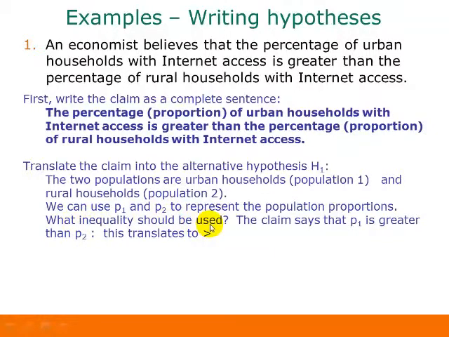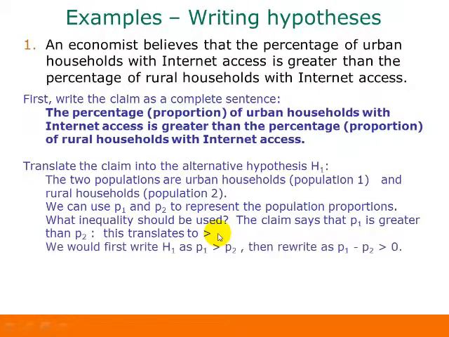And what inequality should we use? If we look at our claim, it's talking about the proportion of urban households with internet access being greater than the percentage of rural households with internet access. It actually uses the words greater than, so that would translate to a greater than symbol. So we would first write our alternative hypothesis as P1 is greater than P2.